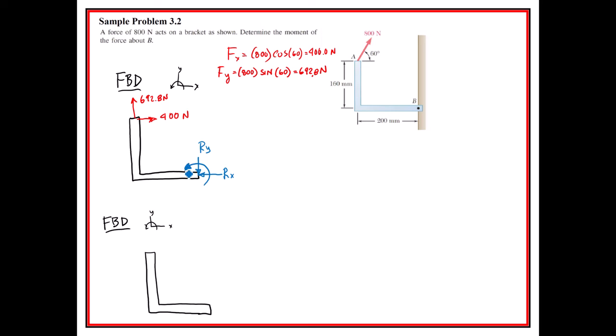Now, sometimes it's obvious from the problem. And I'm going to call this MB. So the reaction is called MB. It's a specific moment. But when I take my summation of moments, I'll say summation of moments about B. What I mean up here when I write MB is that it's all the moments about B, but now including one of them that's a reaction.